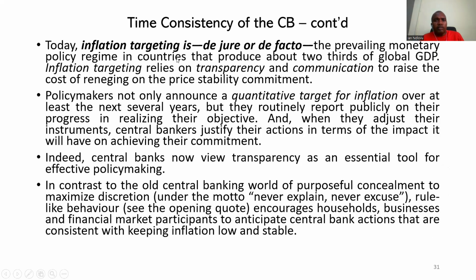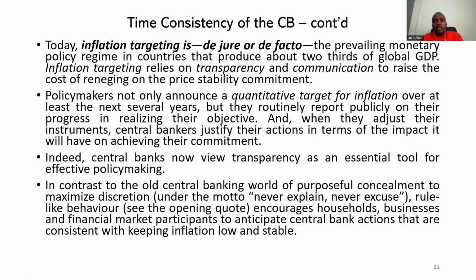So this time consistency concept has an impact on inflation targeting. Inflation targeting is de jure or de facto the prevailing monetary policy regime in many countries that produce about 66% of global output.